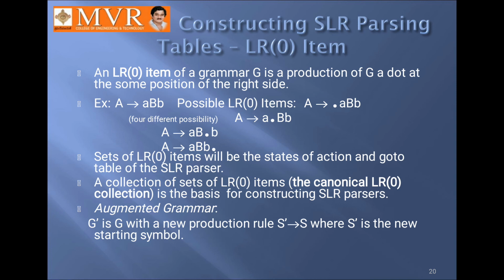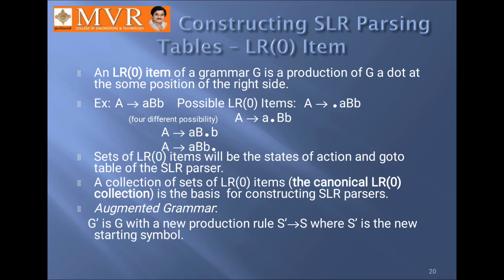You all know in today's session the action, goto and behavior of LR parser. You all know what is action. The function takes as arguments a state i and a terminal a.